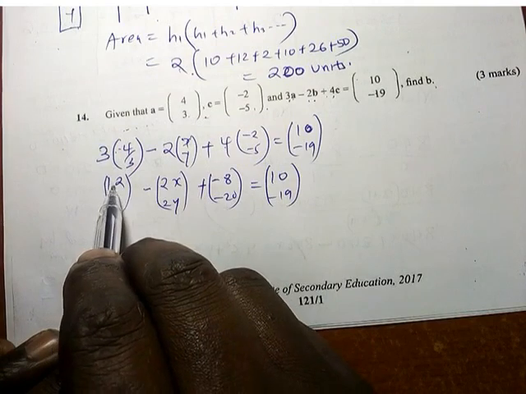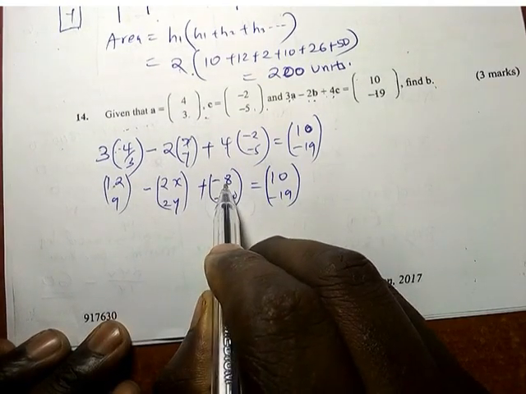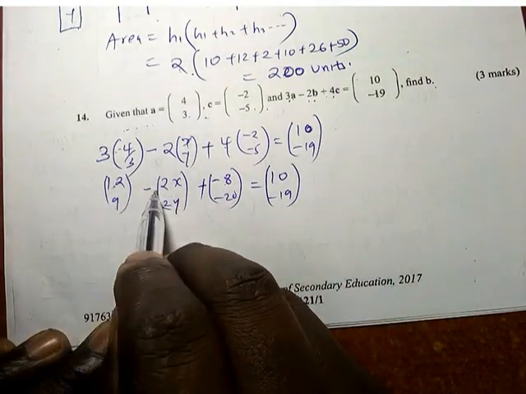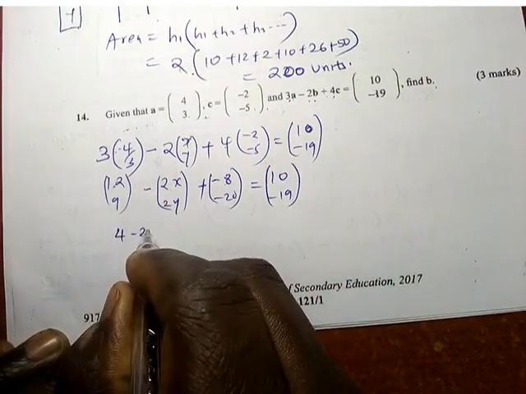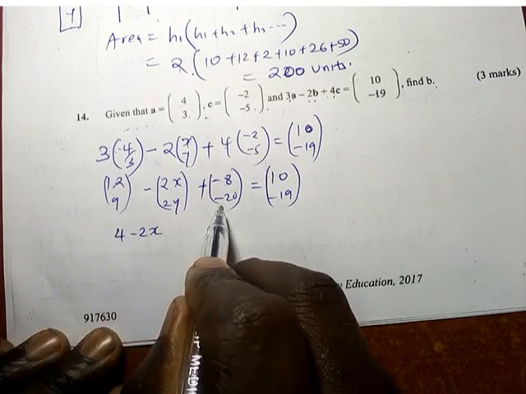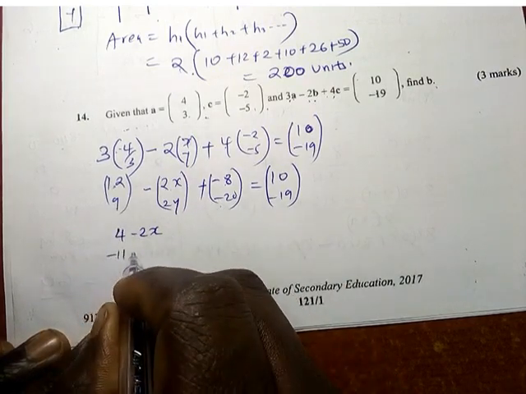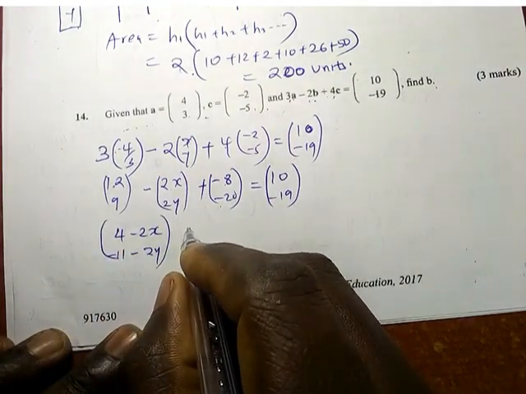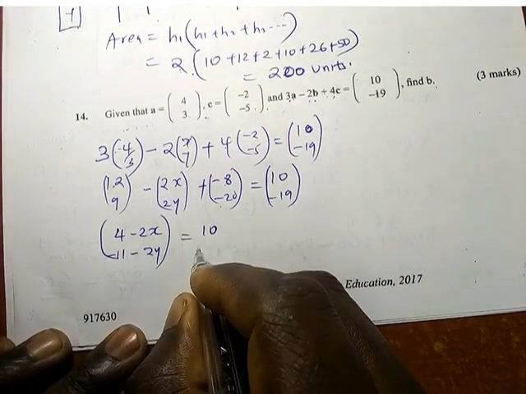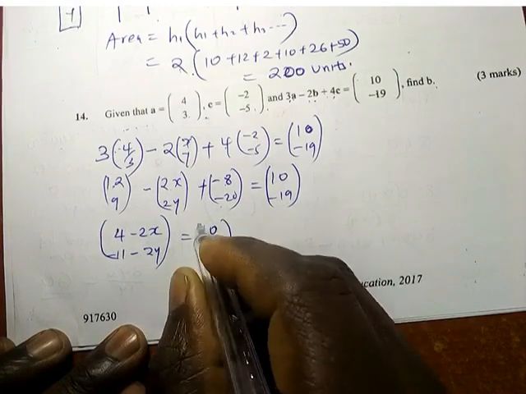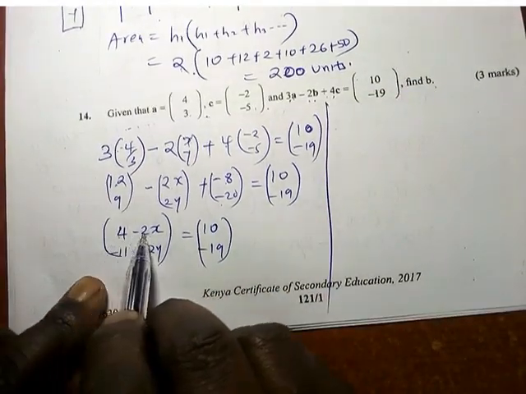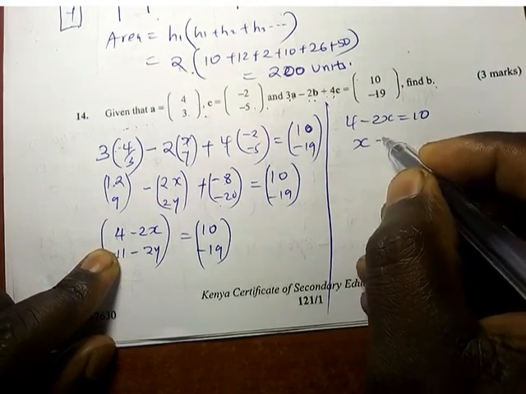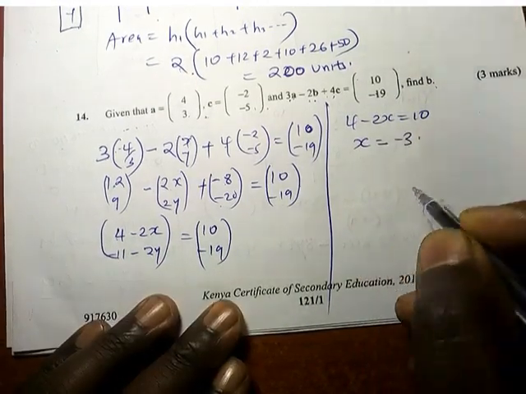So 12 minus 8 is 4. 4 minus 2x, 9 minus, this is negative 11. Negative 11 minus 2y is equal to 10, negative 19. So we take the top one, 4 minus 2x is equal to 10, and the value of x is going to be negative 3.